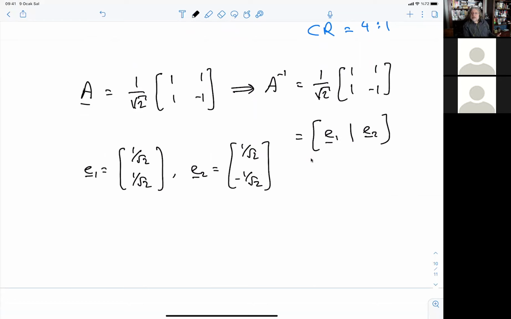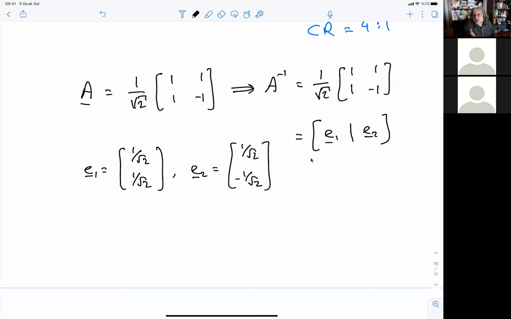Are they basis vectors? Yes, they are certainly basis vectors because they have unit norm. When you calculate the norm, the square of the first term plus the square of the second term is 1 over 2 plus 1 over 2, which is 1. So you take the square root of 1, it will still give you 1. The norm of E1 is 1.